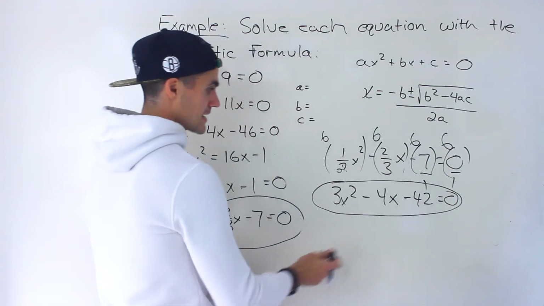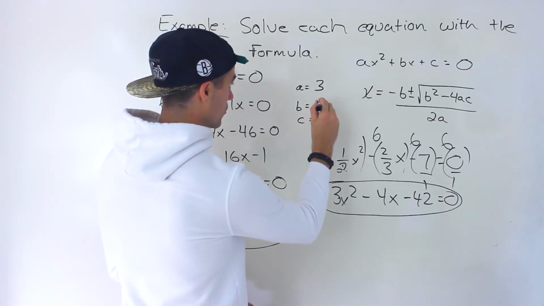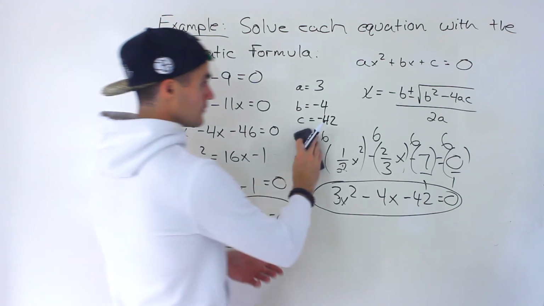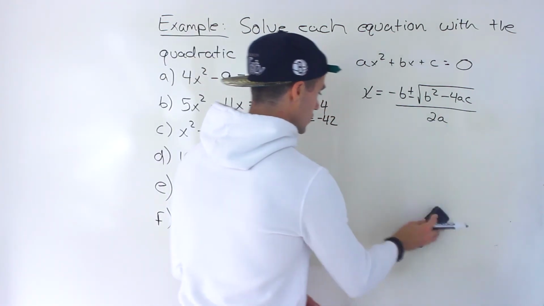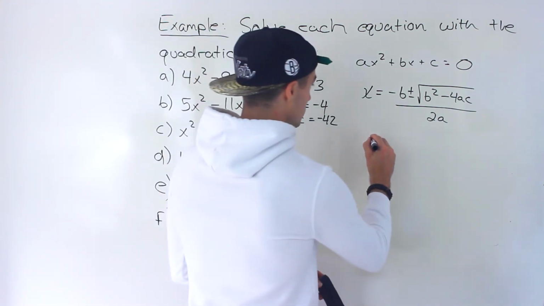And so what's nice now is that this has no fractions. So I would then get the parameters from that new equation, and then I would take that and plug it into the equation. Okay, so again, you don't have to necessarily do that, but personally that's what I do.